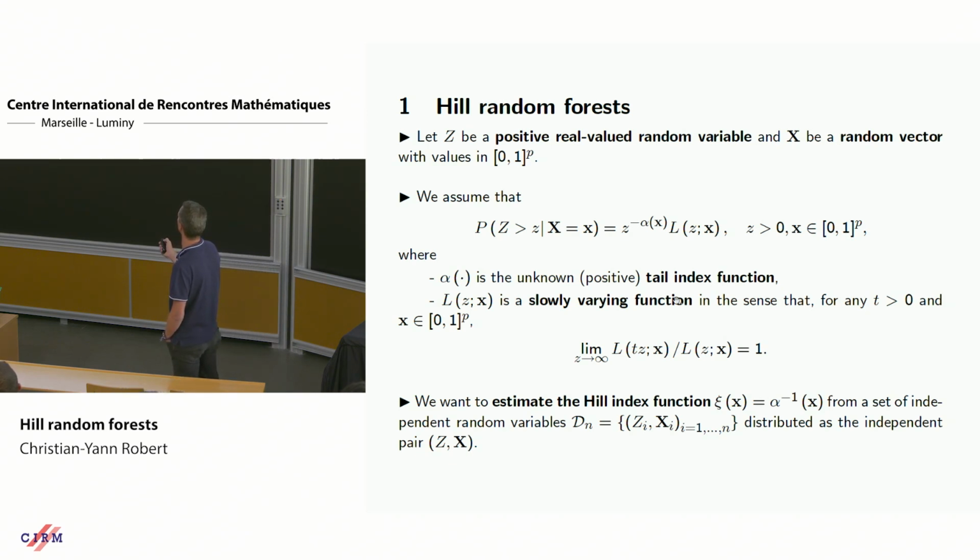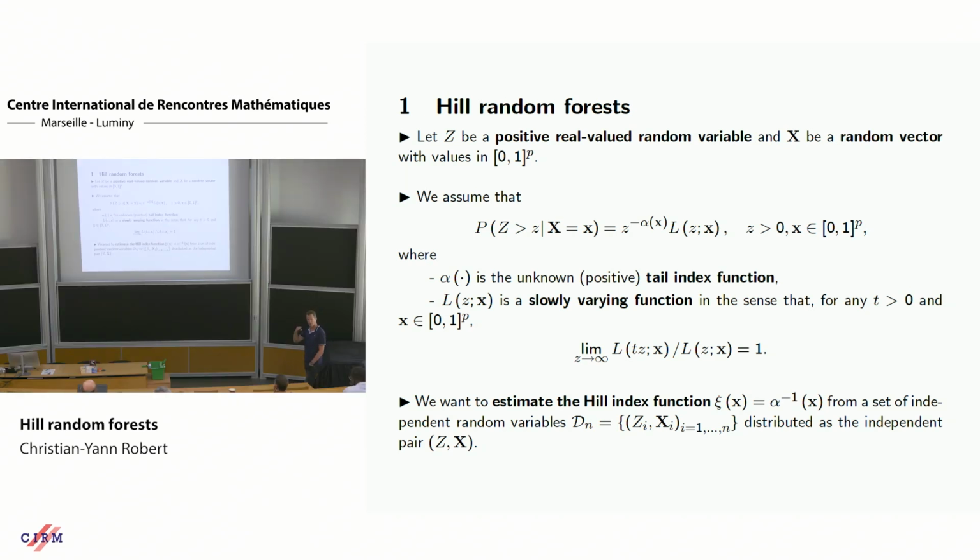That is, you can write it as z to the power minus alpha(x), multiplied by a slowly varying function, which is unknown. Here alpha(x) is what we call the tail index, and now it depends on x.